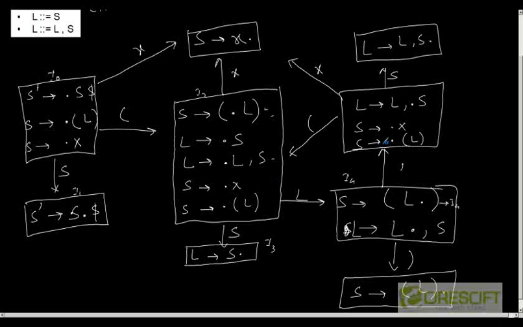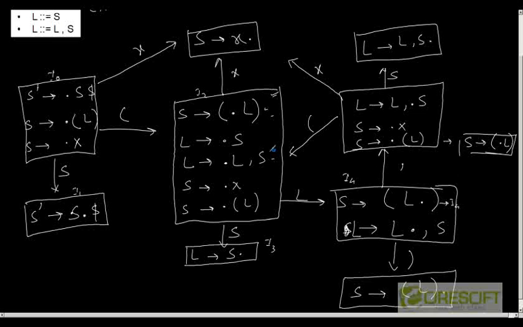Because by consuming this left parenthesis, the only valid item for consideration is S. So the new item created by consuming this left parenthesis will be S as left parenthesis dot L right parenthesis. And the starting item for this state is S is equal to this thing. This is nothing but the starting item of this state, and hence we are making an arrow, that by consuming this left parenthesis it will go to this state.